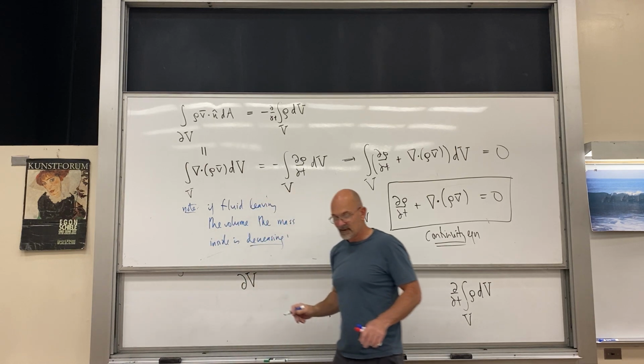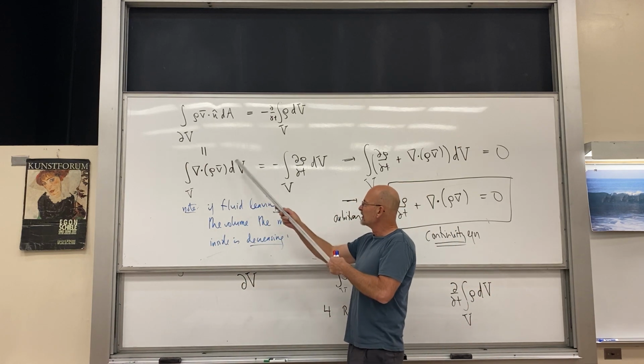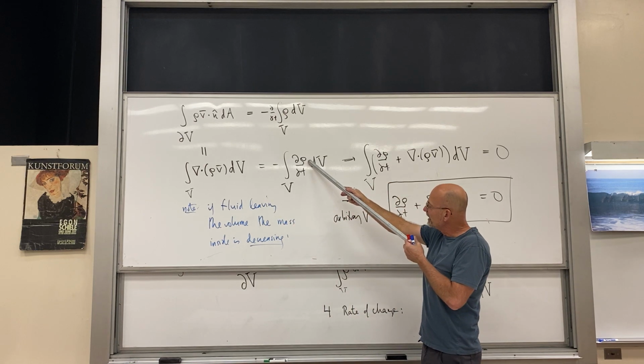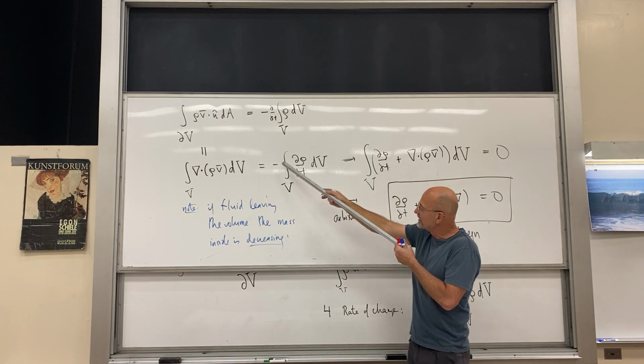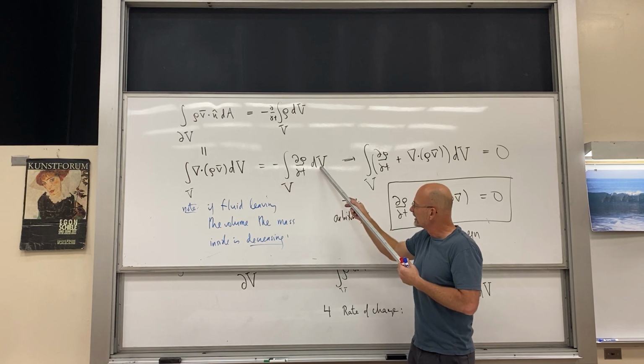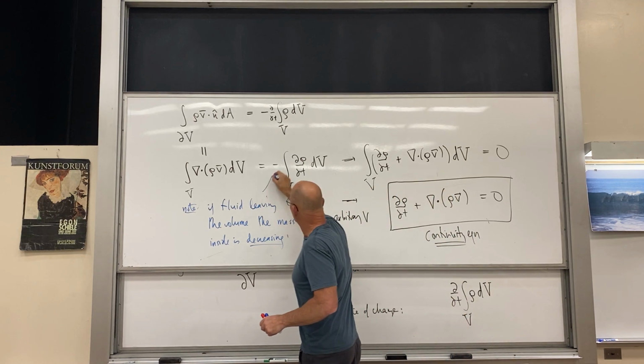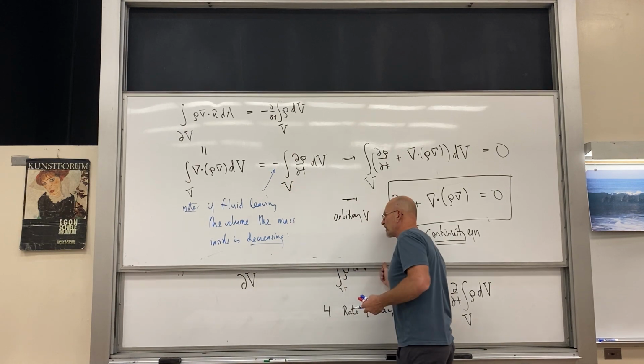But again, if it's leaving, this is positive. Therefore, if the mass is decreasing and this is negative, we get the other negative sign that gives both signs positive. That's the reason for this.